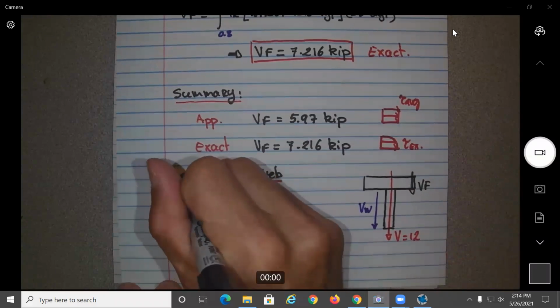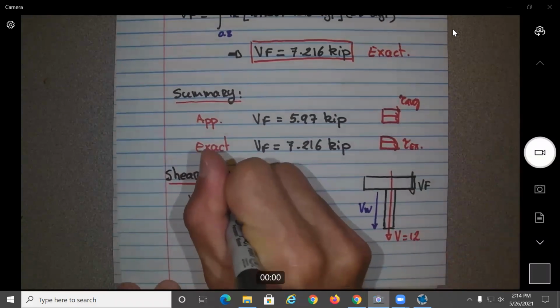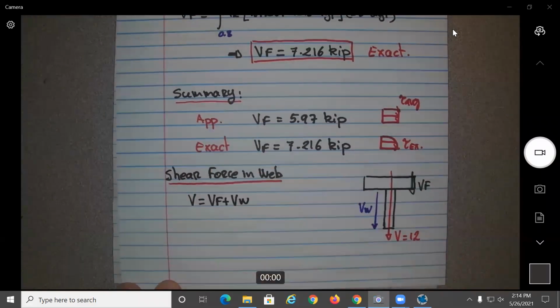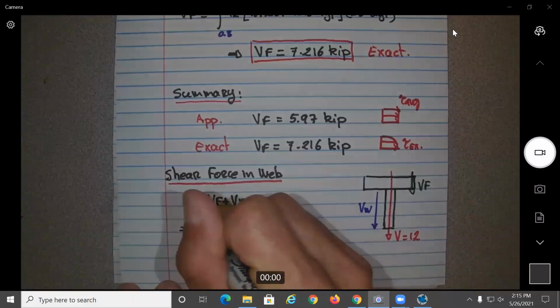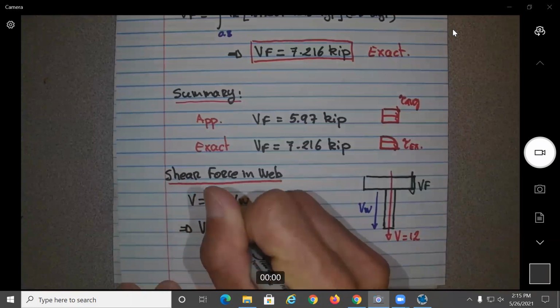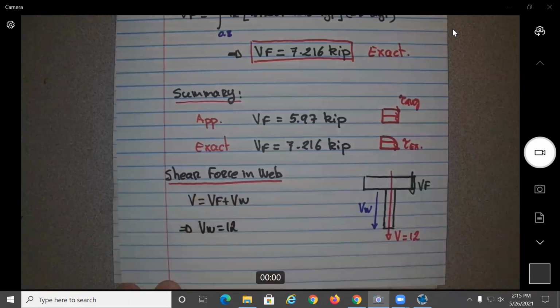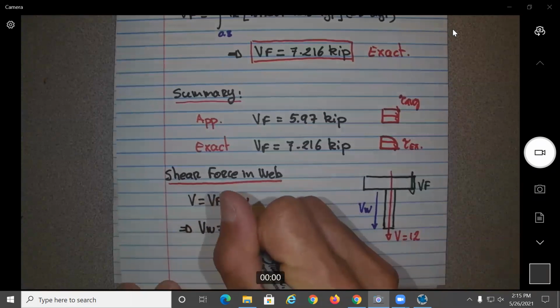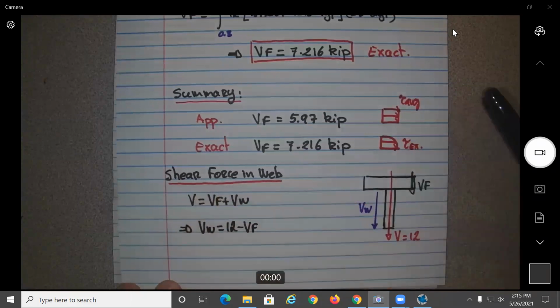V equal to V flange plus V web. So that V web equal to 12, which is V, minus V flange.